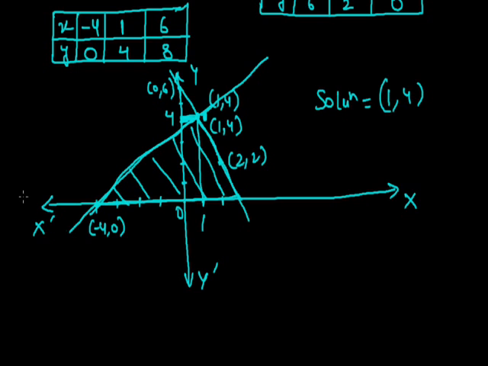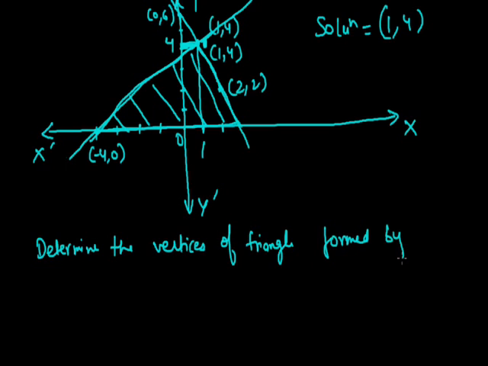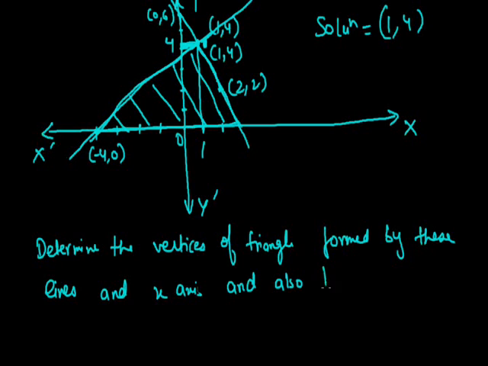Suppose the question is: determine the vertices of the triangle formed by these lines and the x-axis, and also find the area.